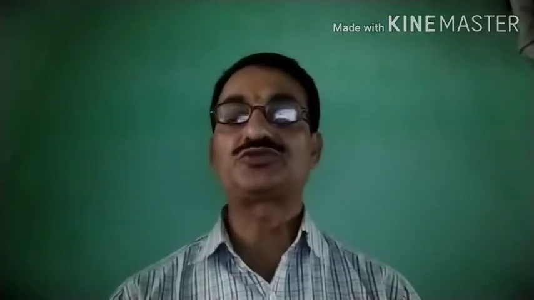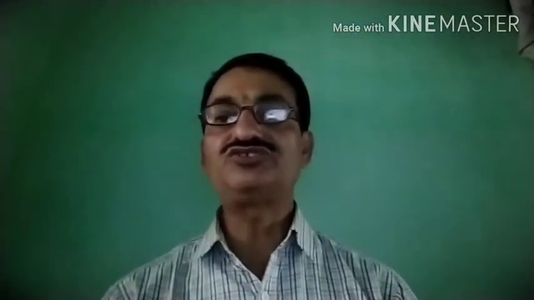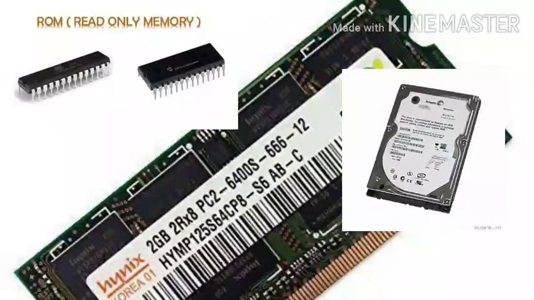These all are the examples of the secondary memory. Students, as for the place where these all storage devices are placed in the computer will help us to categorize the devices also in the two different types. The first one is internal storage and the second one is the external storage. Internal storage are the devices which are included inside the system unit box, such as RAM, ROM and hard disk.